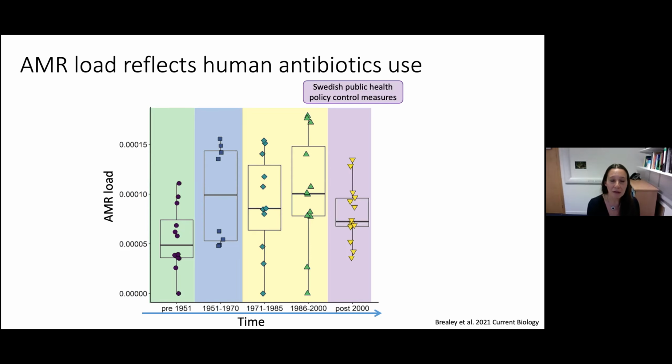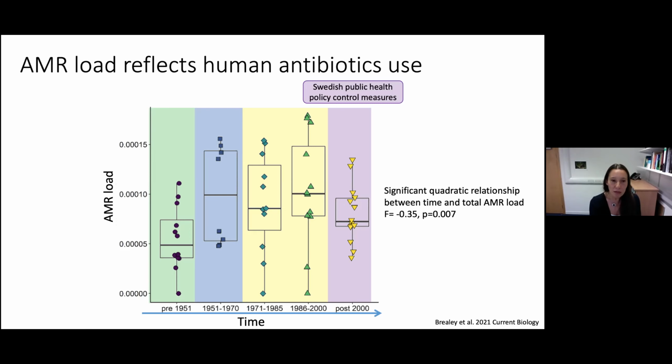And what is quite interesting is that in the last 20 years, since 2000, we see a decrease in the total AMR load, so in total antimicrobial resistance load, which corresponds to the time periods where the bears that we worked with lived their entire lives after the Swedish public health policy control measures were implemented. And this behavior of increase and decrease is significant. So it's a quadratic relationship between time and total AMR load.